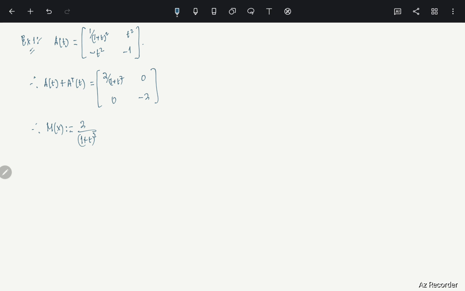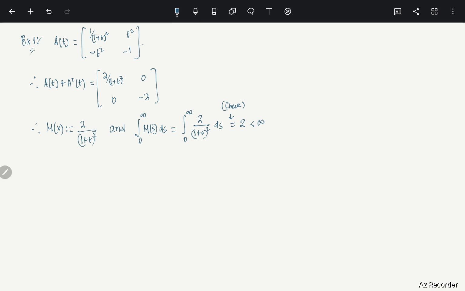Now, the integral from 0 to infinity of m(s) ds, what happens to that? It is the integral from 0 to infinity of 2 by 1 plus s square ds. Now you can calculate this, and please check it yourself, it is very easy. If you check that, this is going to be 2, which is bounded.